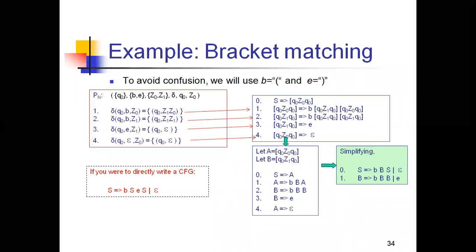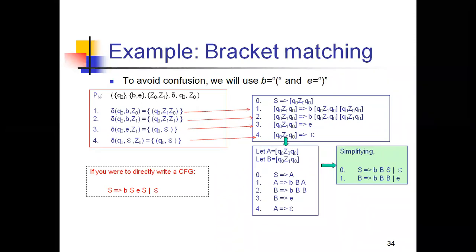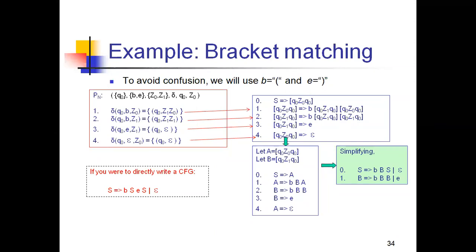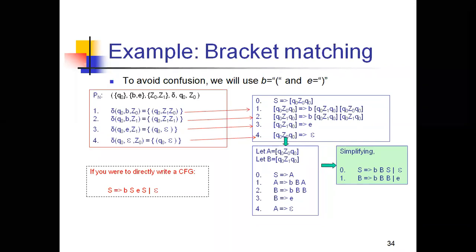Then you take those rules which are acceptable by the PDA and convert them into a CFG. This is the step by step procedure. The designing and construction of the PDA we already know. If the input is in the form of a language, you know how to design the PDA, write the logic, and write the transition rules.